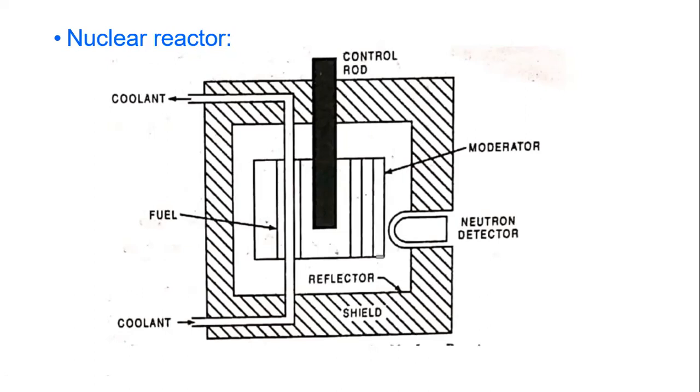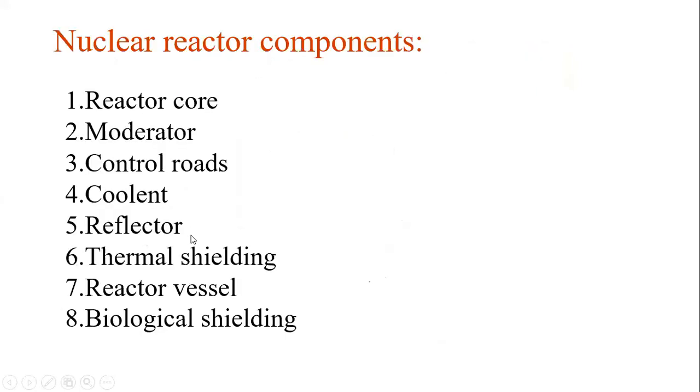The main components in the nuclear reactor are, first, the reactor core. Second, the moderators. Next, control rods, coolant, reflectors, thermal shielding, reactor vessel and biological shielding.